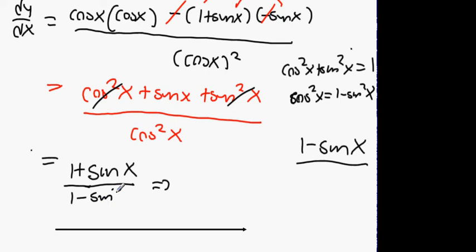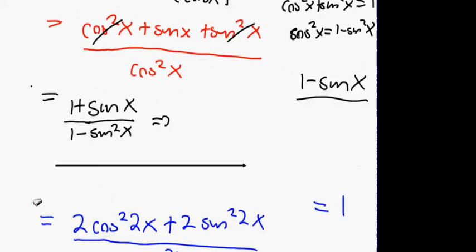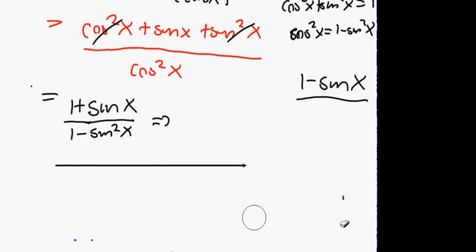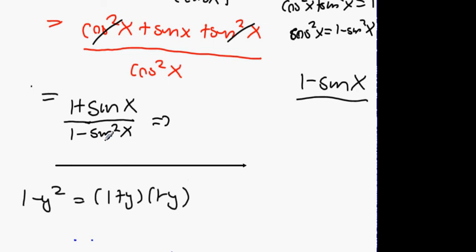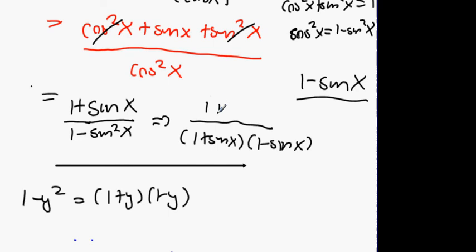Now, anybody remember the difference of two squares? What's 1 minus y squared? Could anybody tell me? 1 minus y squared? 1 plus y, 1 minus y. Basically y is sine x. So you're going to get 1 plus sine x, 1 minus sine x, all over 1 plus sine x.